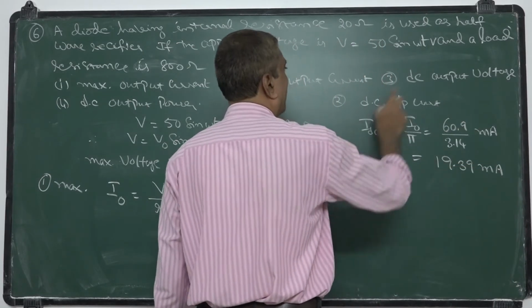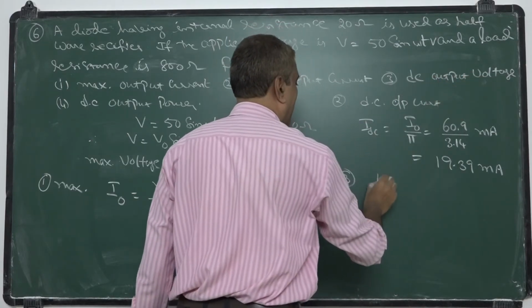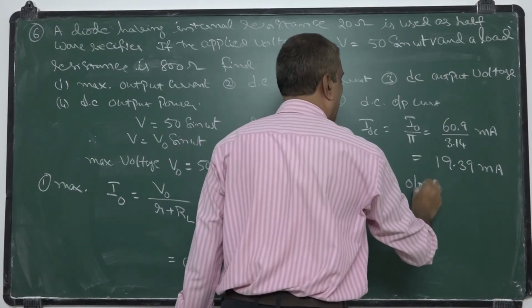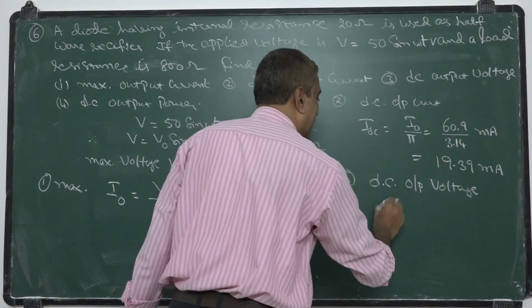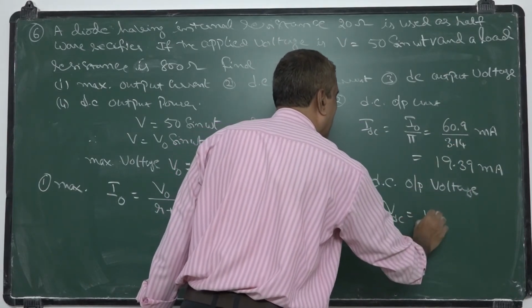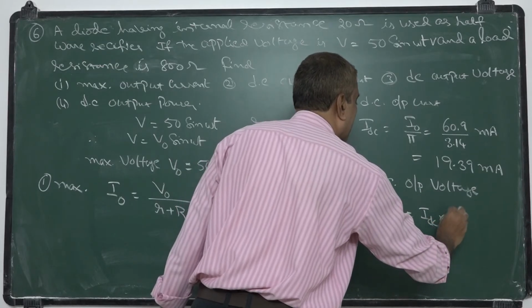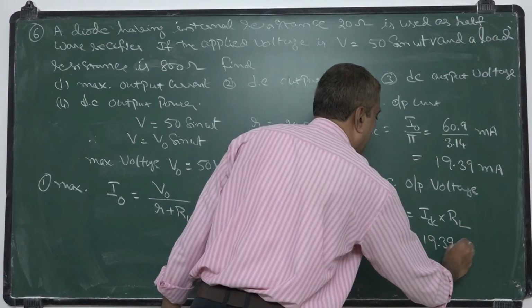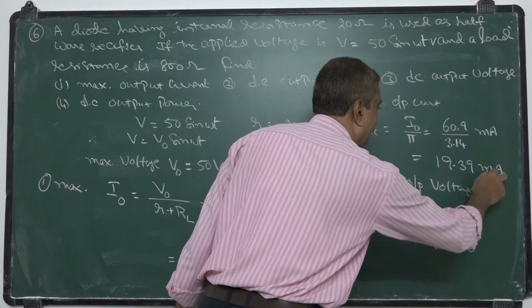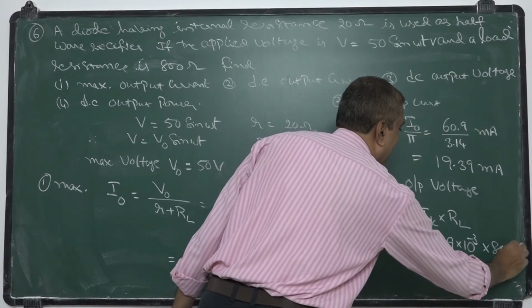Next, third one, DC output voltage. The voltage across the load resistance is VDC equal to IDC into load resistance. That is 19.39 into 10 to the power minus 3, because it is milliampere, into 800.